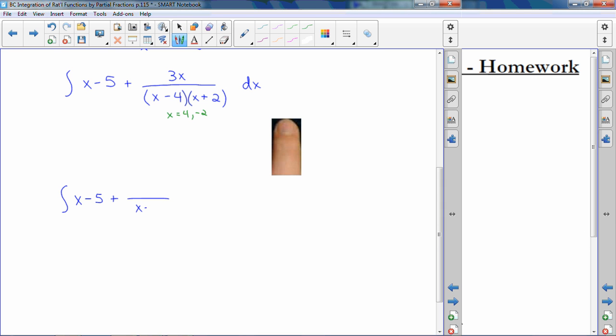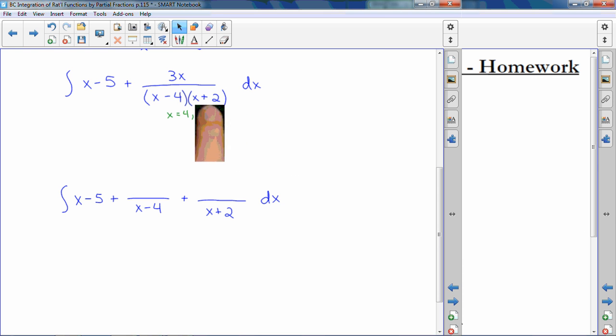One's going to have an x minus 4 on the bottom, and one's going to have an x plus 2. Nope, plus. Make that a plus. Okay, so with the 4, I'm going to take my finger, I'm going to cover it up, plug in the 4, and we get 12 over 6, which is 2.